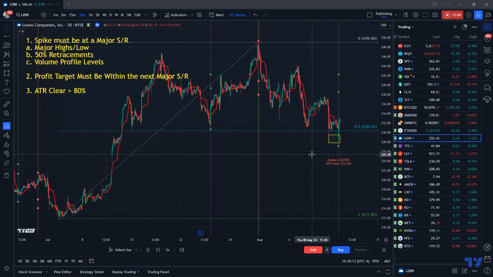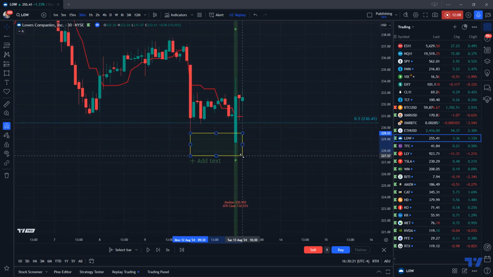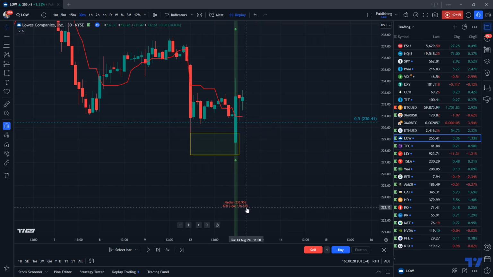You can set that in the indicator, by the way. So the ATR is basically a measurement to figure out what is significant. Essentially what this tells us is that this distance, the square box right here from high to low, is 1.36 ATR. So it's more than one average true range. In other words, it's significant.